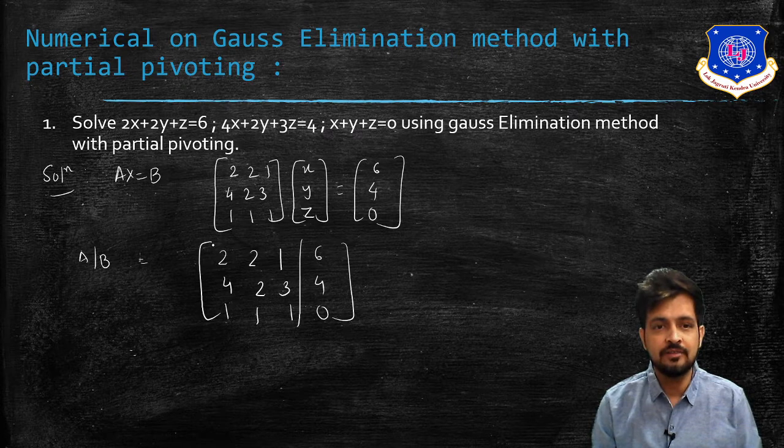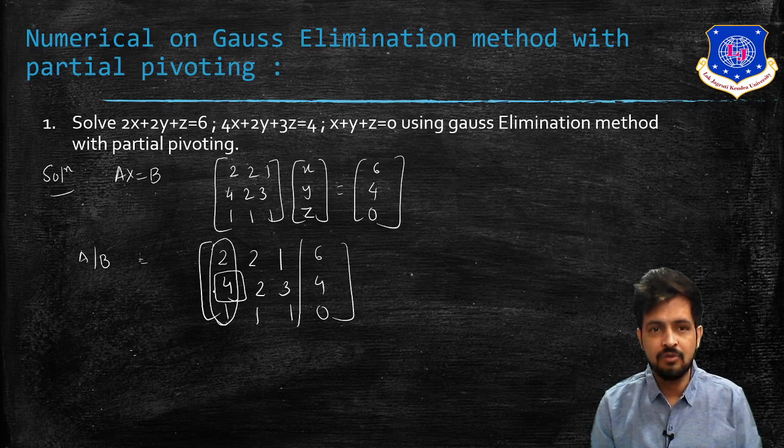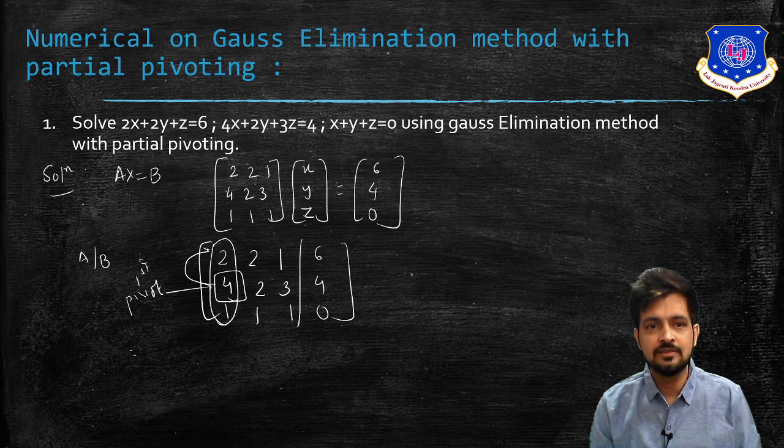How can we find the first pivot? See, the first pivot is to be found from column number 1. The largest element of column number 1 will be our pivot. So 4 is our first pivot. So what do we have to do? We have to place the 4 at A11 position.